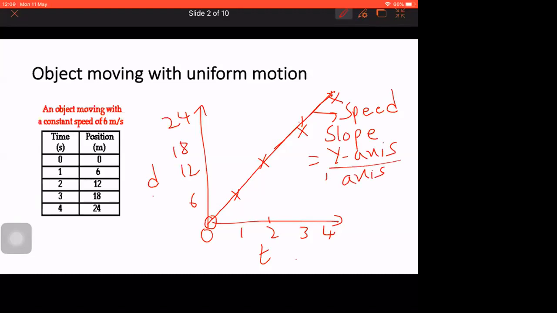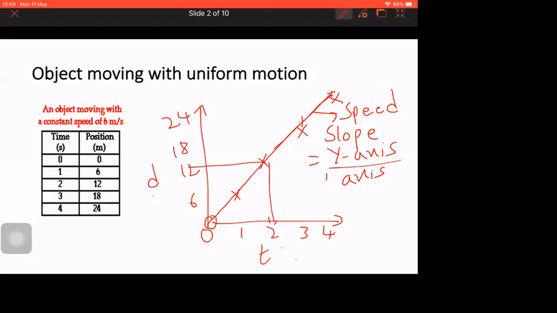Now my question is, at 2 seconds, what is the speed of the object? 12 kilometers. Yes, 12. I'm not asking distance. If it is distance, it is very clear, at 2 it's 12. But I'm not asking you the distance.